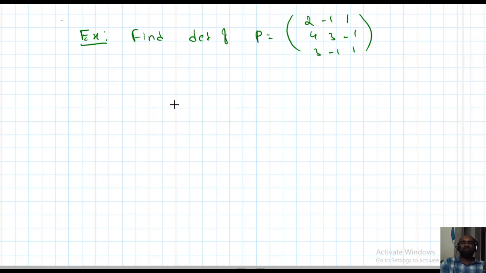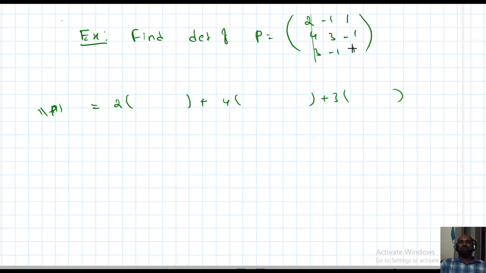Your wish, any row, any column you can take. Actually, it is better to use the first row, then you can easily complete the problem. Okay, students, 2 into its cofactor plus 4 into its cofactor plus 3 into its cofactor gives the determinant of that matrix, determinant of P.